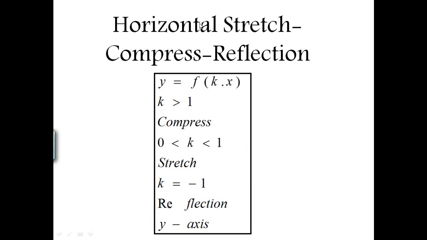In conclusion, when you multiply by a coefficient inside the parentheses of the argument of the function, and this factor is greater than 1, compressing occurs. However, when the coefficient is between 0 and 1, a fraction like 1/2, 1/3, 2/3, whatever, it's a horizontal stretch. And when the coefficient is specifically negative 1, it's a reflection about the y-axis.